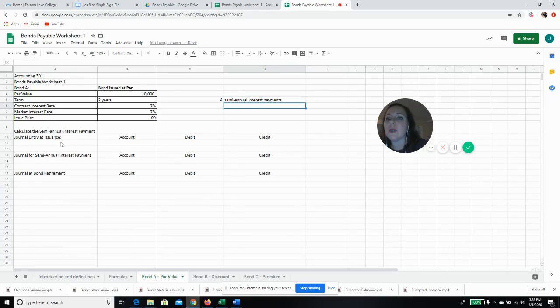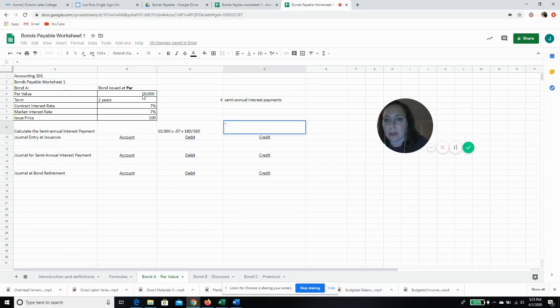All right, so next we're going to calculate the semi-annual interest payment. Let's type it out. So it's going to be par value times our contract interest rate, which is 0.07 or 7%, times 180 divided by 360.